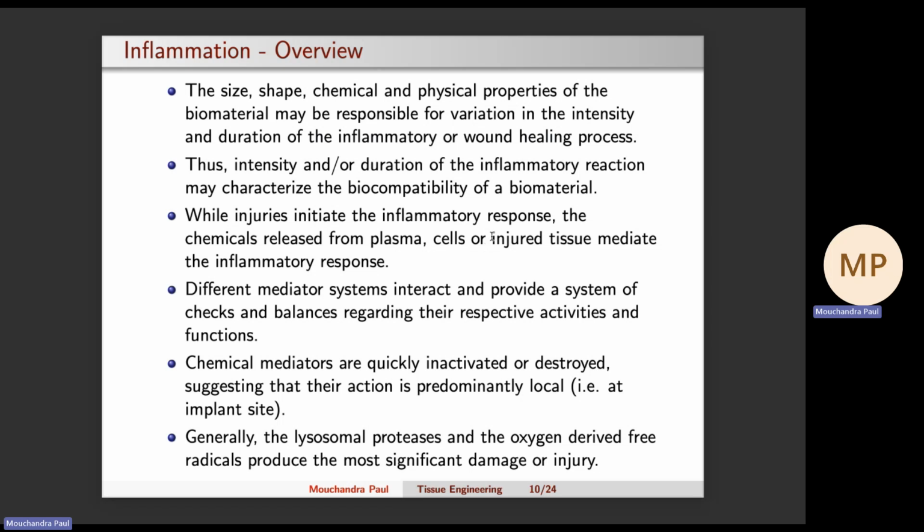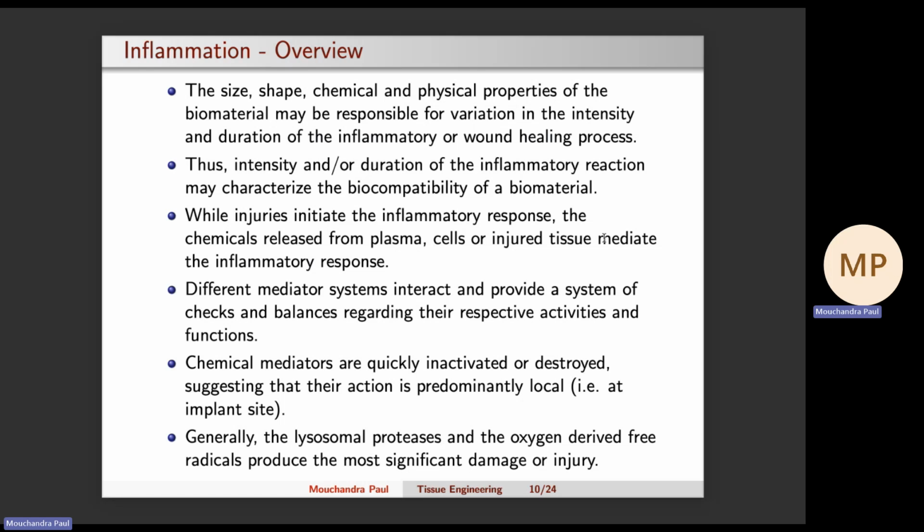The leukocytes, the blood cells, they have come and started secreting chemicals, and because of these chemicals, the inflammatory response has started. They will also mediate how the inflammation sequence should happen, how long the acute inflammation should happen, how long the chronic inflammation will take place, or whether chronic inflammation is needed or not.